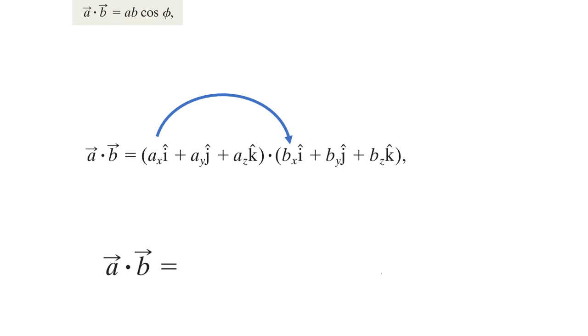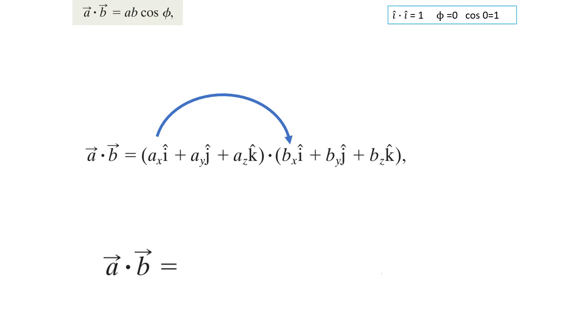In the first case, AX i multiplied by BX i gives AX BX, then you have i dot i. What is i dot i? Using this formula, i is a vector. Instead of A, put i, and instead of B, put i.